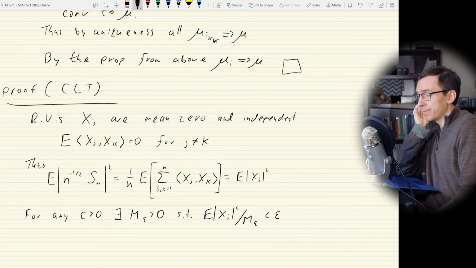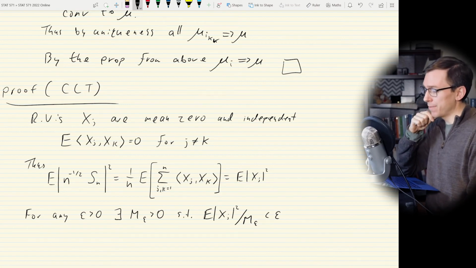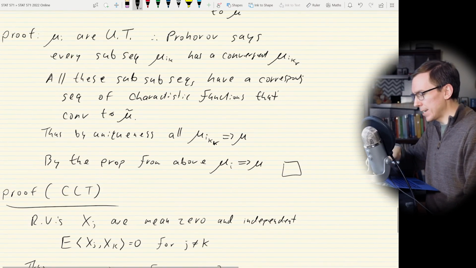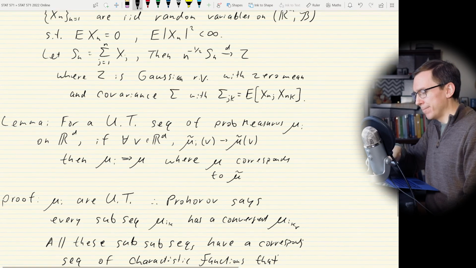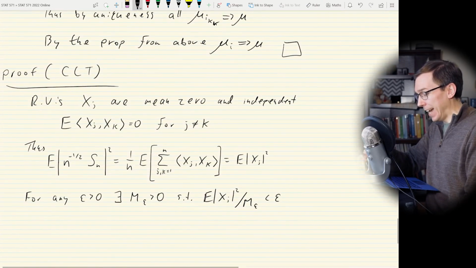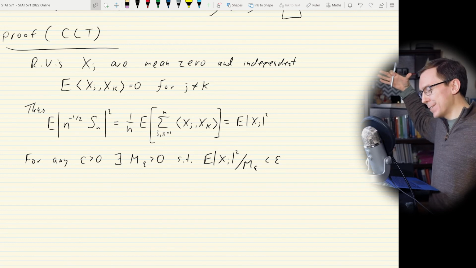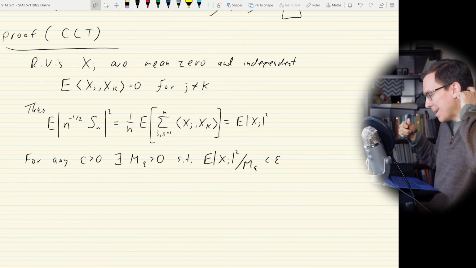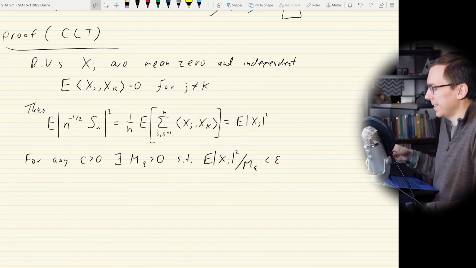Do we believe that? Of course, because by assumption in the central limit theorem, the expected value of the squared Euclidean norm of X_n is finite. If it's finite, I can find an M big enough so that when I divide by it, I get something less than epsilon.